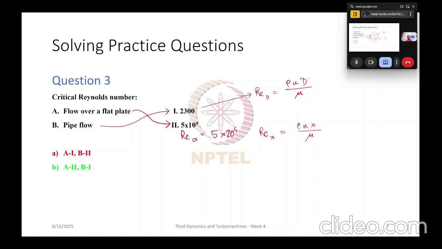So this actually comes from the famous experiment by Osborne Reynolds, where he showed that below a certain critical Reynolds number, the flow remains laminar, and above that, the perfect laminar flow starts breaking down, and you get ripples in the streak that he was injecting into the flow.